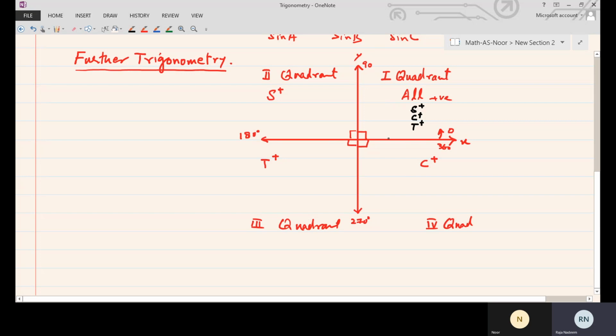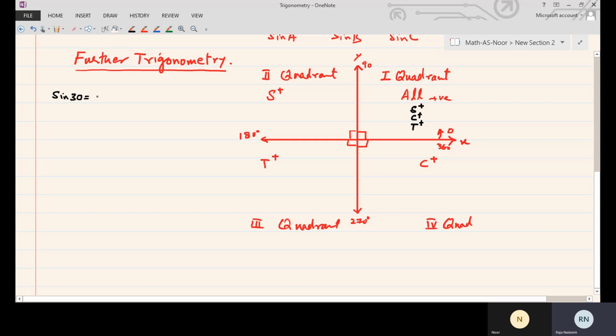You must be thinking why all these values are positive. If you use any acute angle, you know that in the first quadrant we have acute angles. Let us suppose I write sine of angle 30.